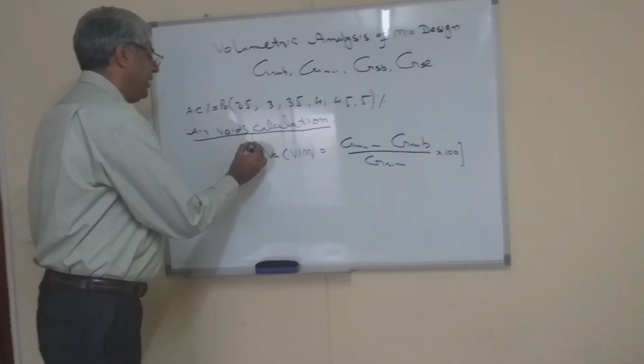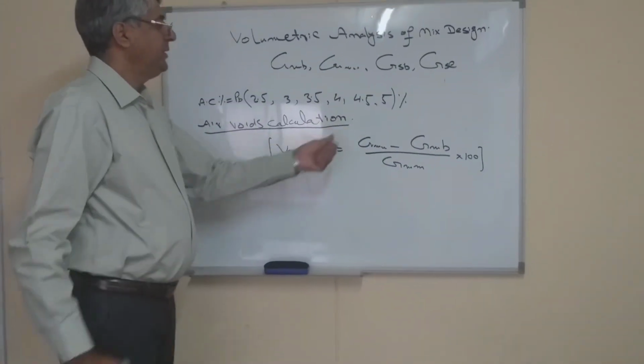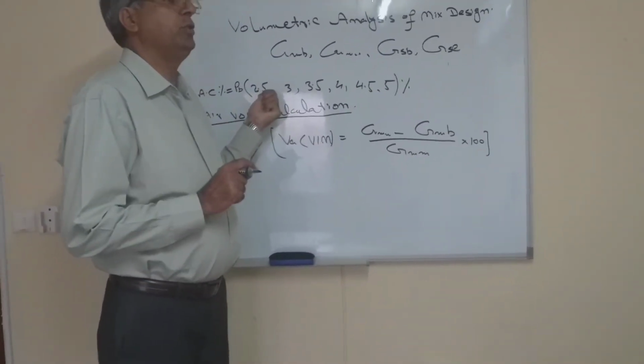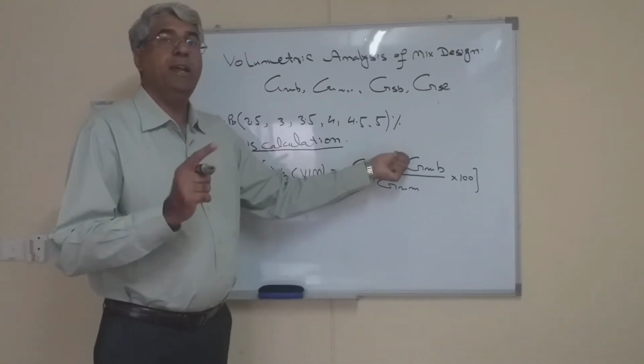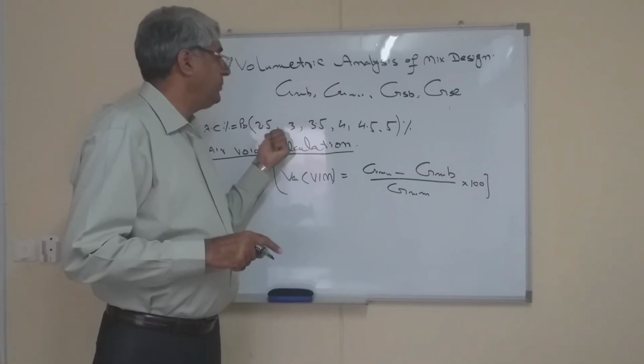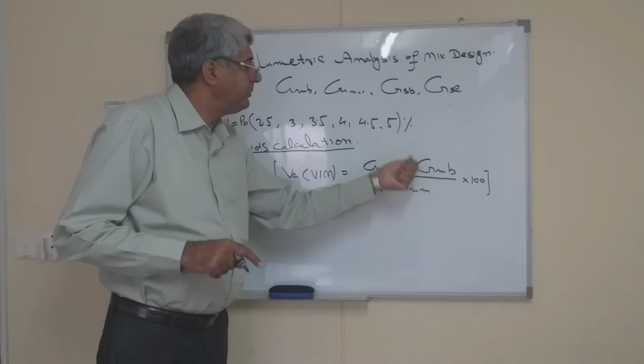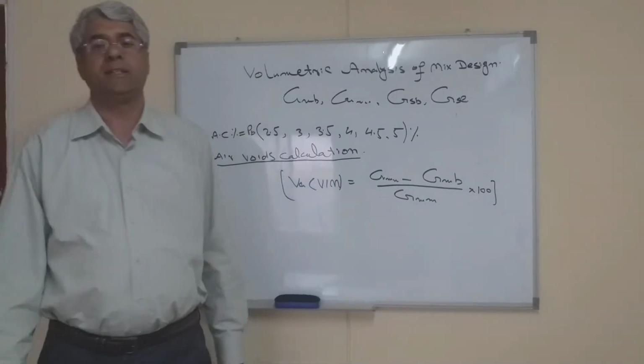So here I want to tell you one thing. This GMM at each asphalt content we have found out. This GMB at each asphalt content we have found out, and from these values we will calculate the value of air voids.